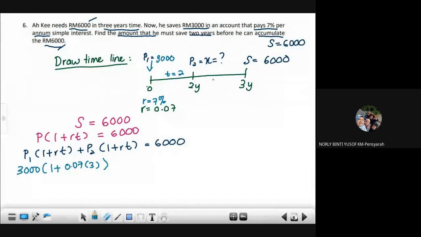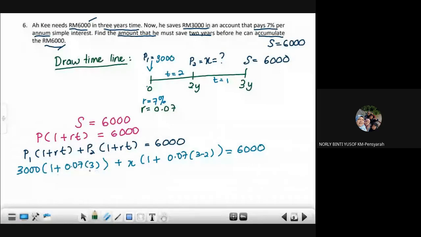3 tolak 2 kan T nya sini adalah 1. So sama kat sini X(1 + 0.07(3 - 2)). Iaitu 1 lah kan. Dia punya tempoh masa antara 2 hingga 3 tahun. So 1 tahun kat situ. Sama dengan 6,000.